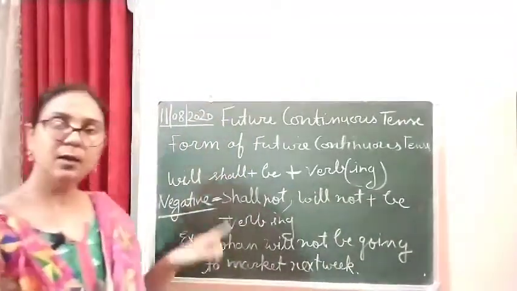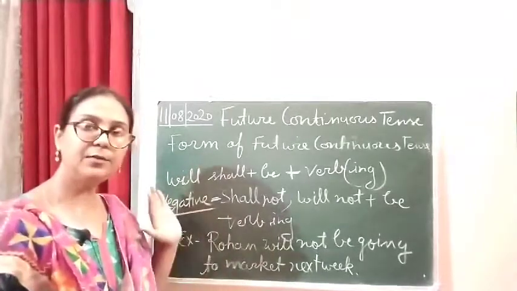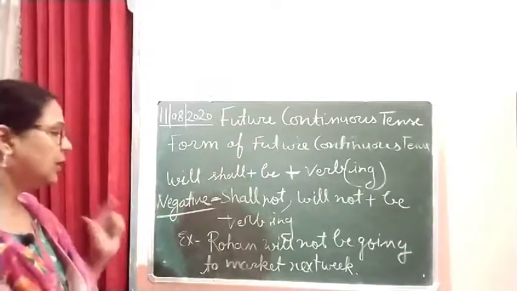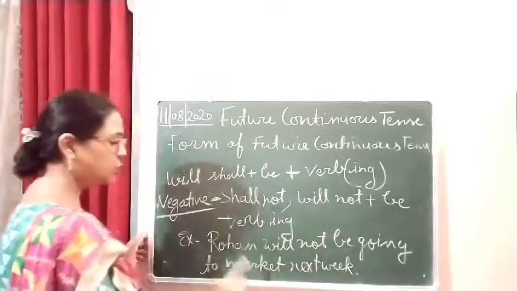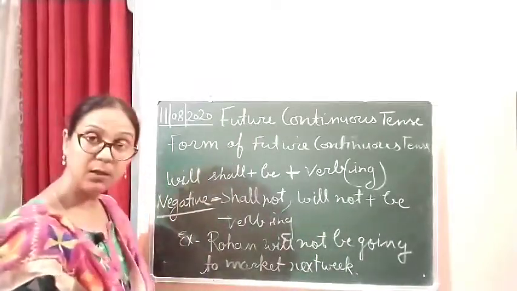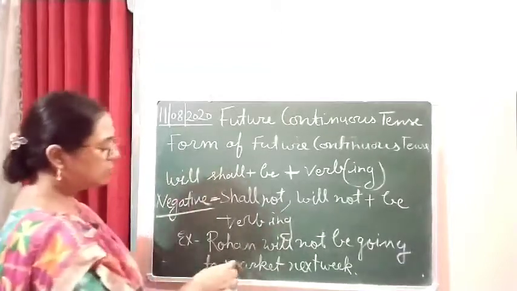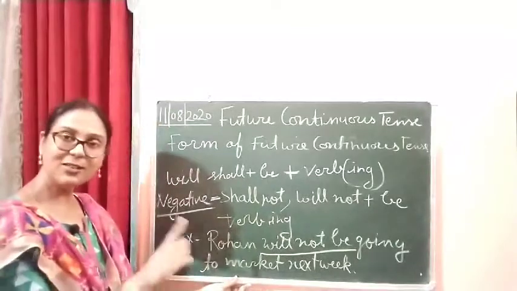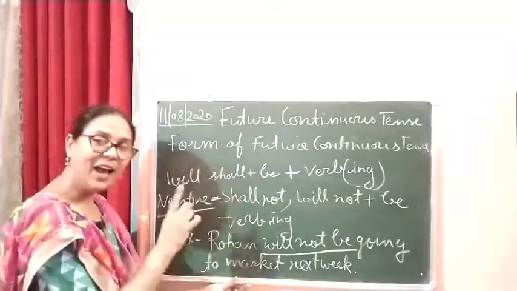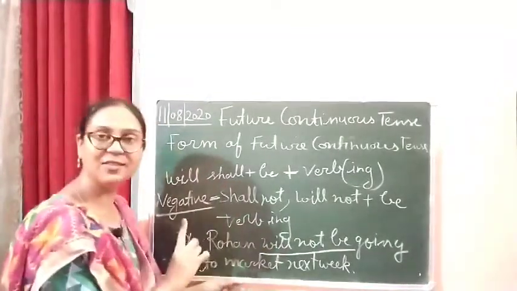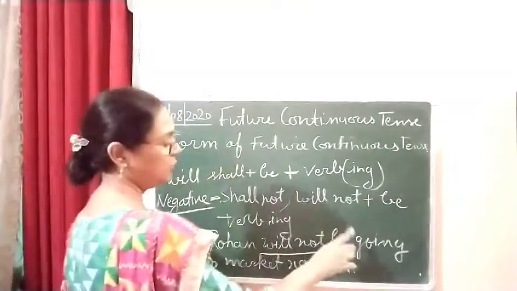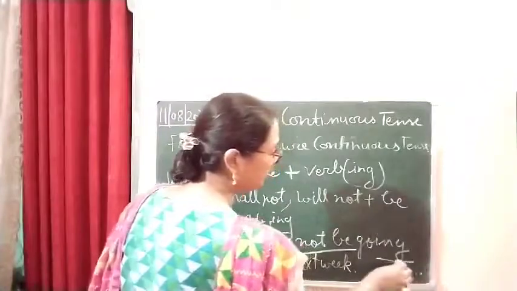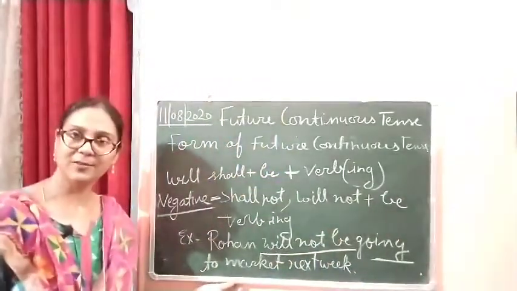Here you can see the example I have given of negative sentences in future continuous tense. Rohan will not be going to market next week. Here I have used will not be. So this way you also have to use will not be or shall not be to make a negative sentence. And remember this, we will use verb with ing.